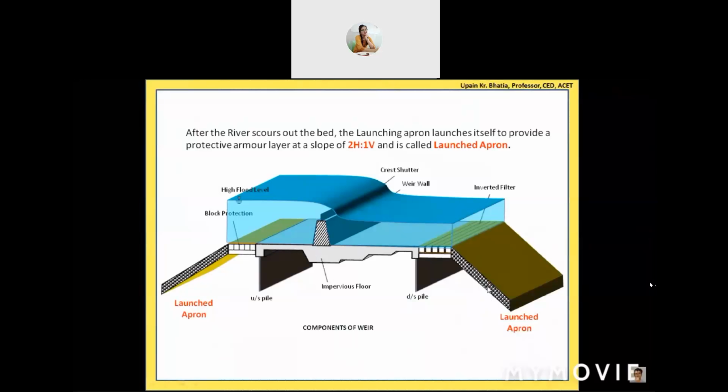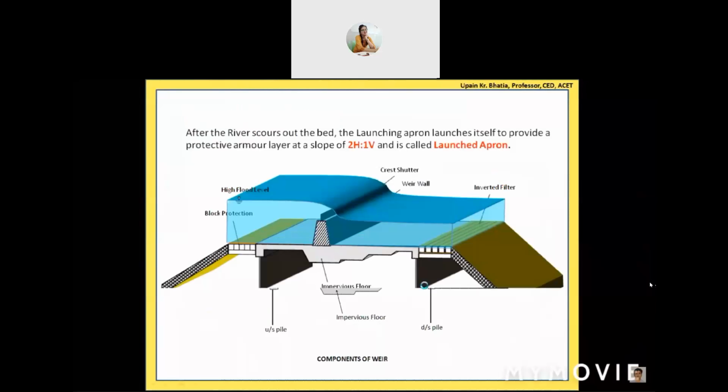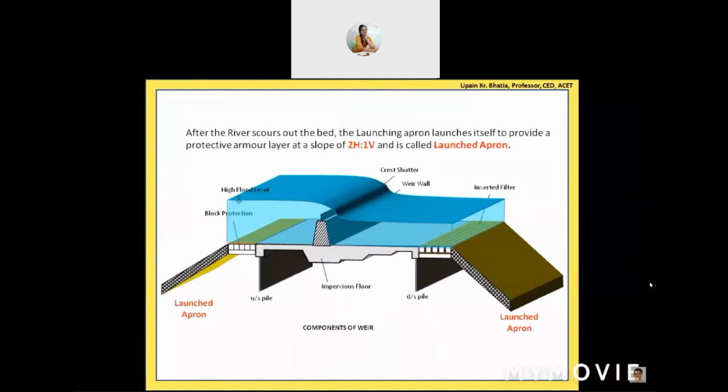So this is a stone pitching, you can say, the stone layer here, which protects this particular soil in this area from getting scoured out because of the scouring action of the flowing water. So this sloping portion of stone provides protection to this entire structure, so the structure is not damaged.